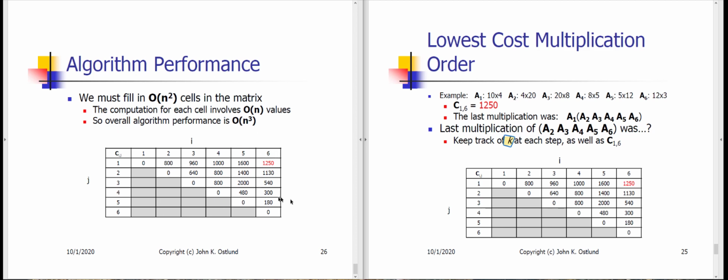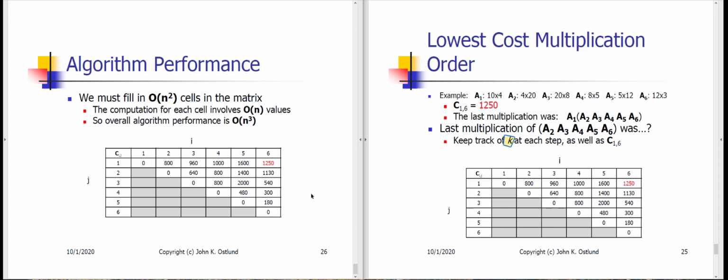What is the performance of this thing? Well, clearly we've got an n by n array that we're filling values into. We're not filling values into the whole thing. We're only filling values into a little more than half. So we have order n squared just from the two-dimensional array that we're filling in.